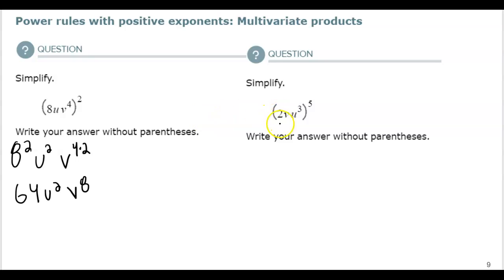Go ahead, pause your screen, try the second one on your own. And that's what we would get.